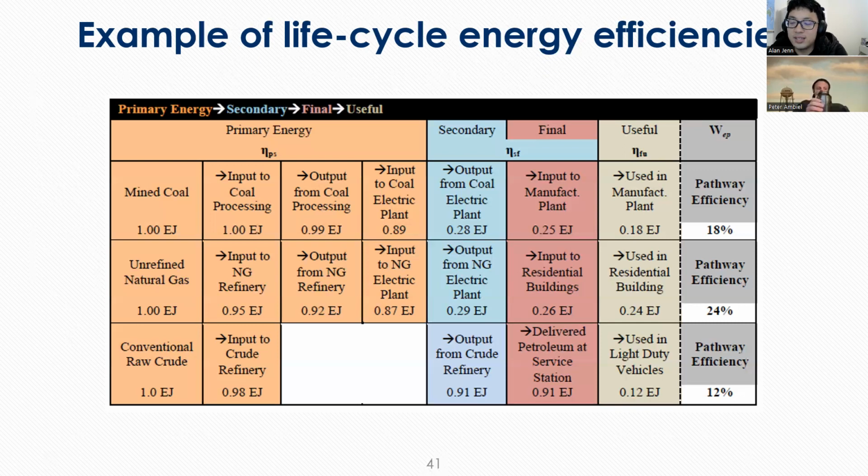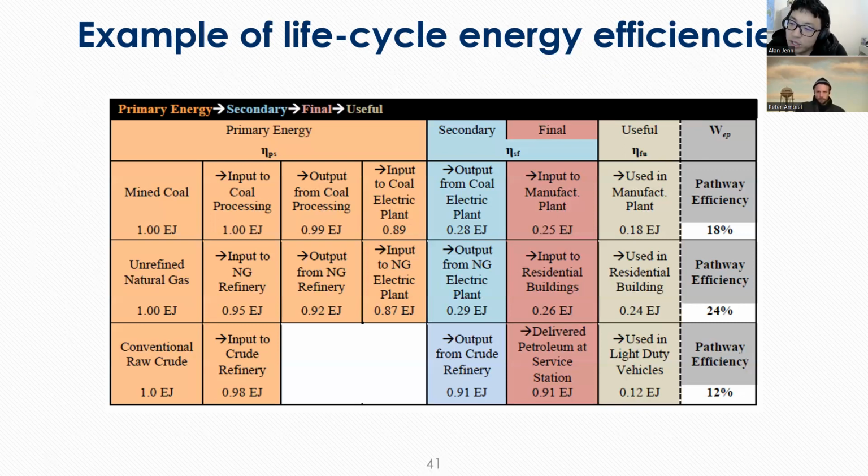We can see this happening for all of these stages, so natural gas going to a refinery, eventually getting converted into electricity, and so on.